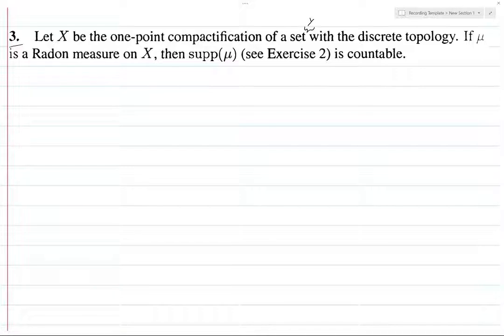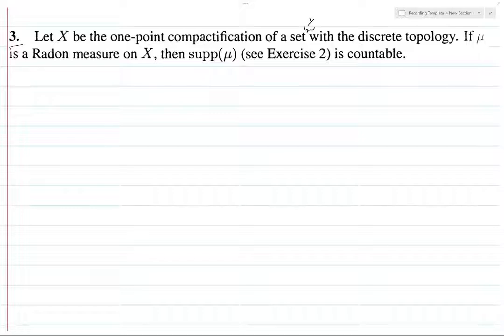So what you do when you take the 1-point compactification of something is you just take the original topology that you have on it, and then you add in more open sets. Well, you add a point, and then you add in another collection of open sets. These open sets are sets which contain this point infinity and whose complements are compact in your original space with respect to your original topology.